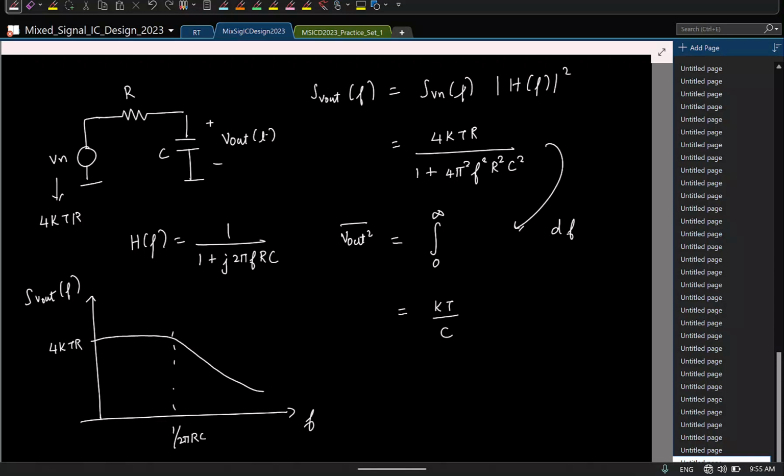One result to remember is, if you work it out and integrate this from 0 to infinity, you'll get 1 by 4RC. It's a nice result to remember.